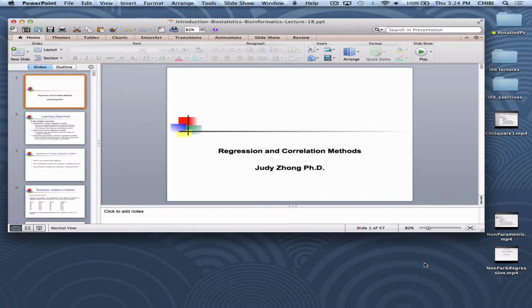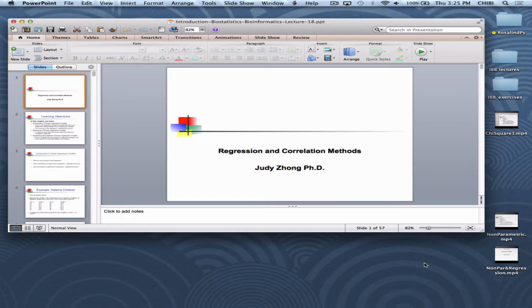And then essentially, if you have a categorical variable, we gave you some tools to do correlation of categorical variables.